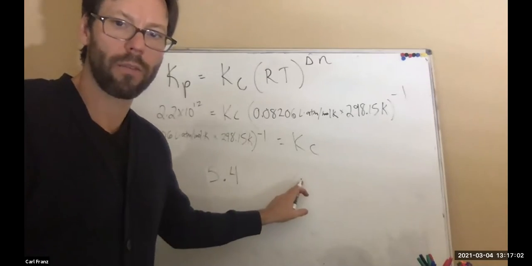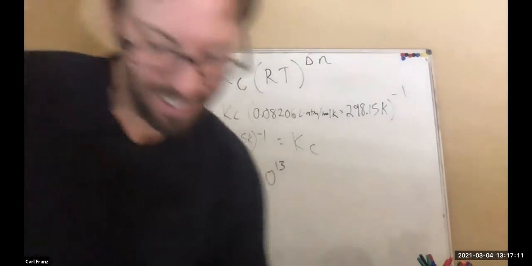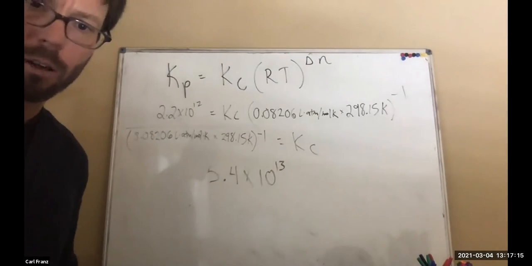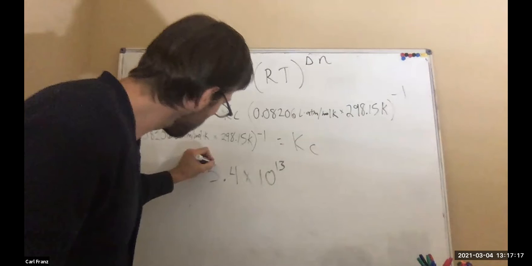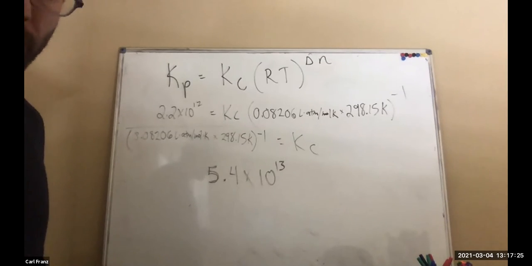But okay, I got 5.3825 times 10 to the 13th power. Okay, all right, there we go. Anybody else get something different? I got the same. Okay, there's a consensus. Great. 5.4 times 10 to the 13.